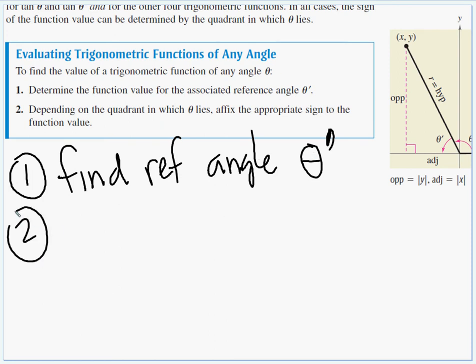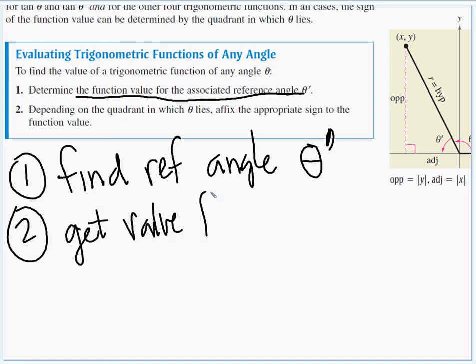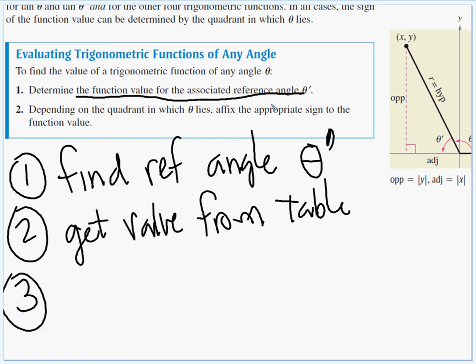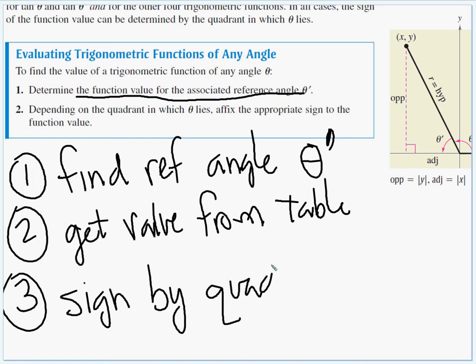Then we're going to get the value from the table. All our reference angles are going to be in the table. And then 3, it says up here too, depending on the quadrant, affix the appropriate sign. Sign by quadrant, either positive or negative.